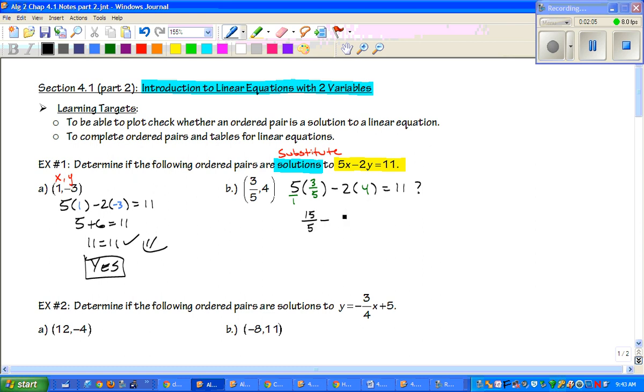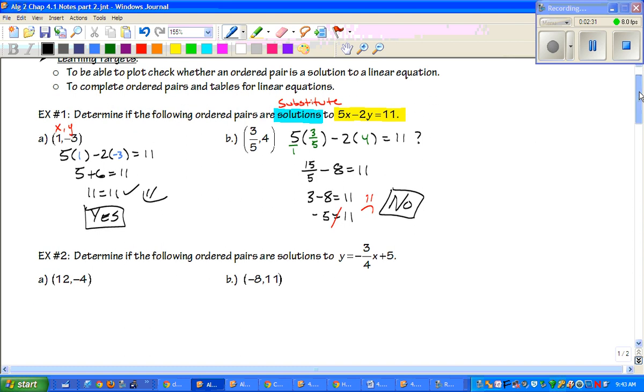Multiply the denominators. 2 times 4 is 8, equals 11. 15 divided by 5, that gives us 3. And does 3 minus 8 equal 11? It does not. It means no solution, so the answer here is no. Okay.